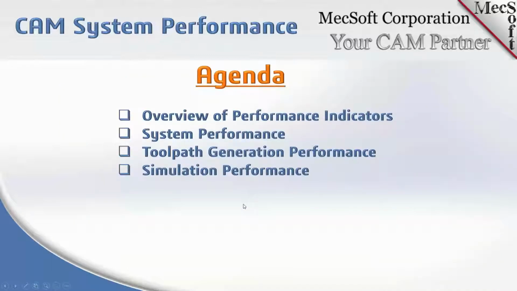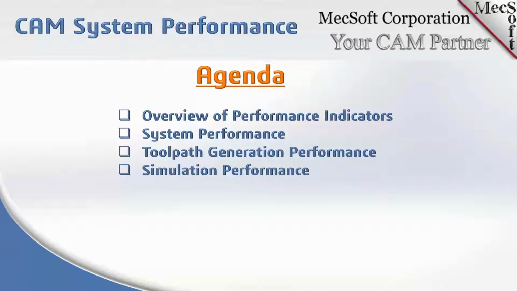Today's agenda is basically how you can fine-tune your CAM system performance. We're going to start out with the different performance indicators that you should be aware of. We'll start with the system performance, which is basically the machine or the PC that you're using. Then we'll go into the specifics of toolpath generation performance parameters.